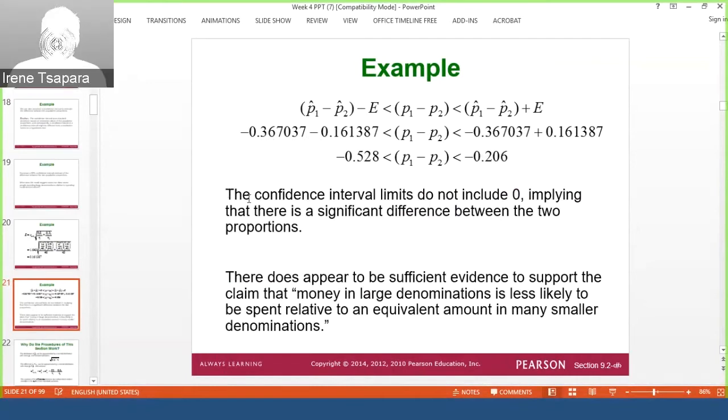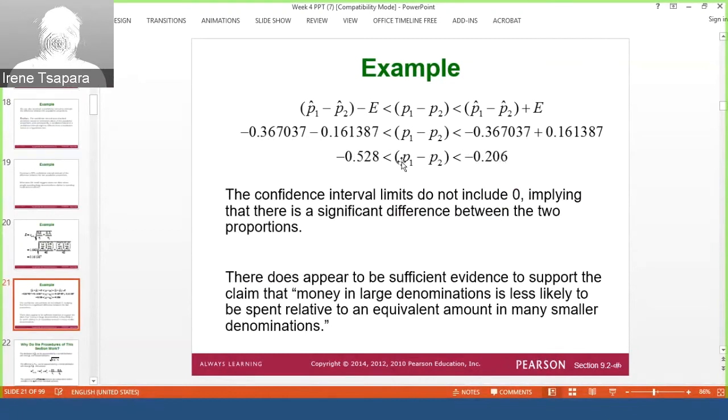Now, I want us to pay attention to this that says the confidence interval limits do not include 0. So as you can see, you get from a negative number to a negative number. So the difference is negative. What does this mean? This simply means that the entire interval falls on the left side of the zero.